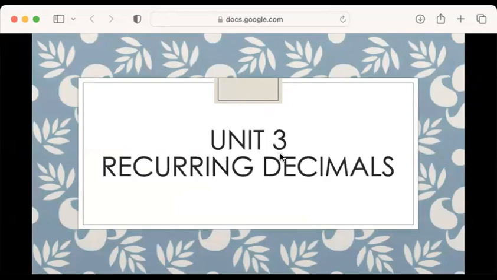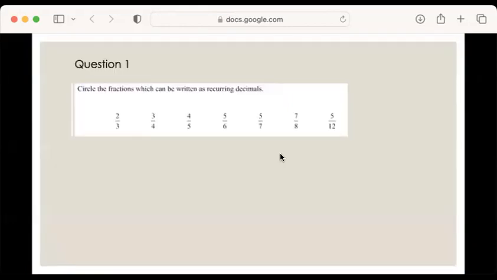Right, recurring decimals. What are recurring decimals? They come up when we work out fractions. Fractions mean the numerator is divided by the denominator. If the numerator is lesser than the denominator, we will have a decimal answer, 0 point something.